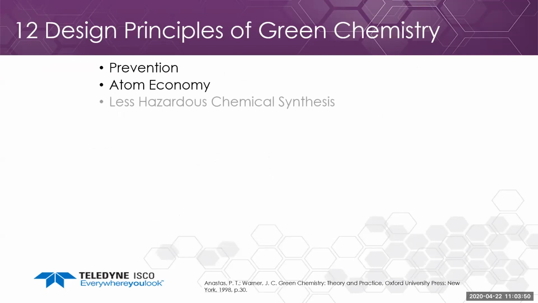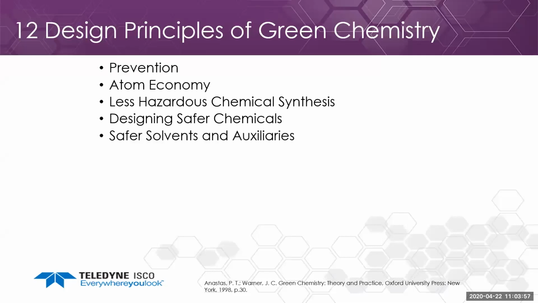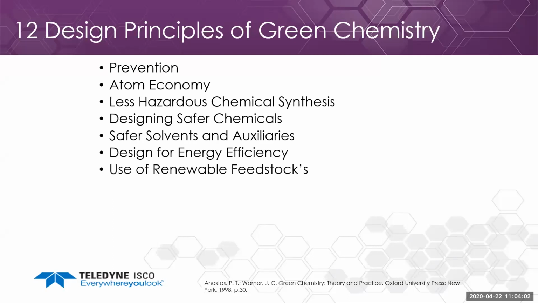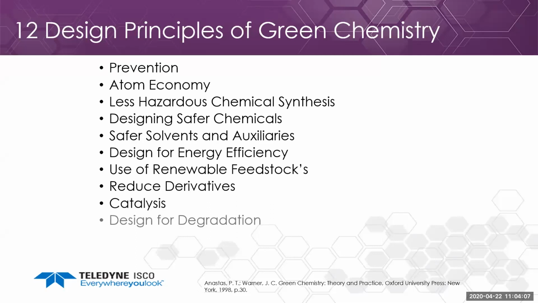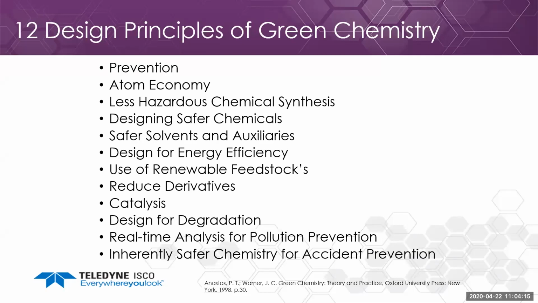Next is atom economy, less hazardous chemical synthesis, designing safer chemicals, safer solvents and auxiliaries, design for energy efficiency, the use of renewable feedstocks, reduced derivatives, catalysis, design for degradation, real-time analysis for pollution prevention, and then inherently safer chemistry for accident prevention. And so we're going to point out some of these specifics that we can apply in chromatography when we make some of these choices.